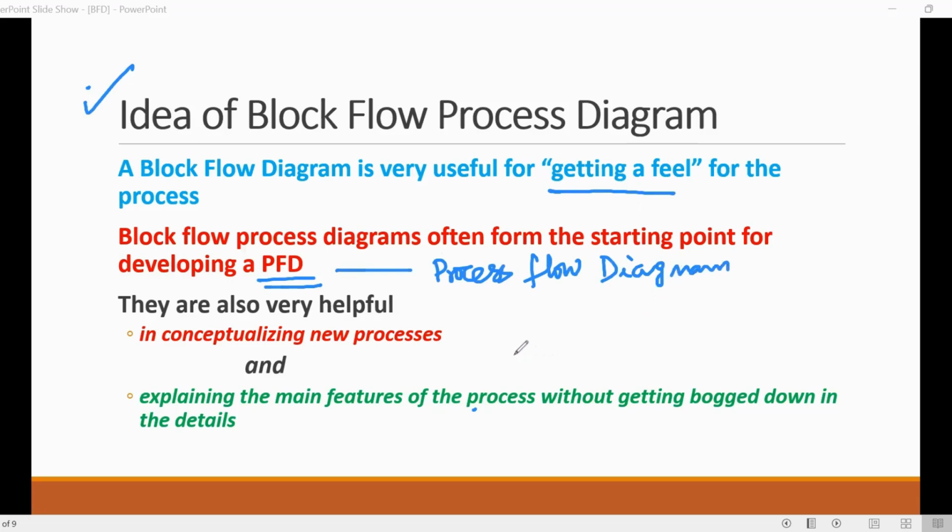They are very useful in conceptualizing new processes, explaining the main features of the process without getting bogged down in the details. That means no details are required. What equipment is used, whether a pump, crystallizer, evaporator, tower or dryer, is not required. Only in one block everything will come into the picture.